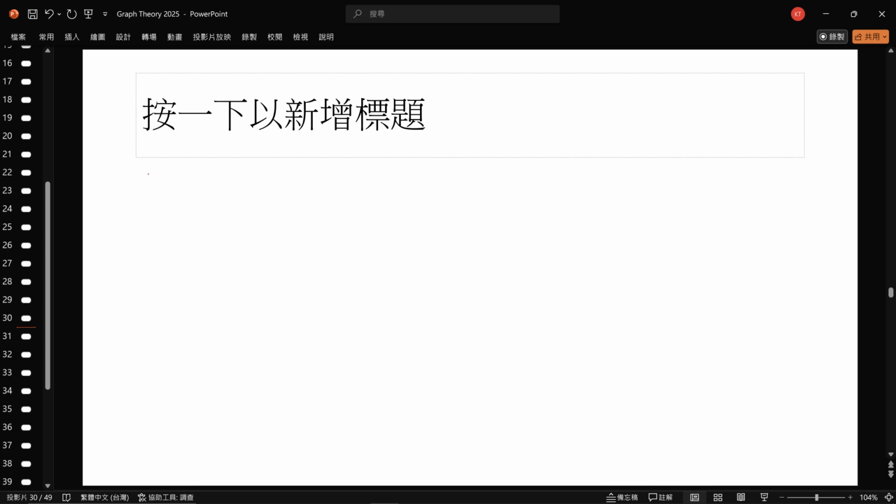And x is adjacent to Vn, and u is not adjacent to Vn in the original graph G.